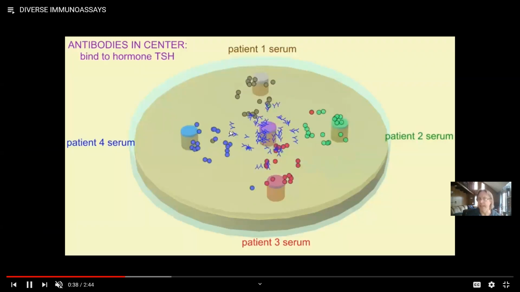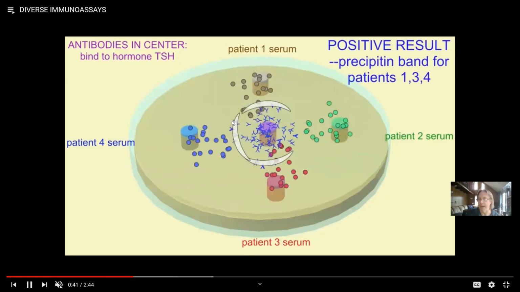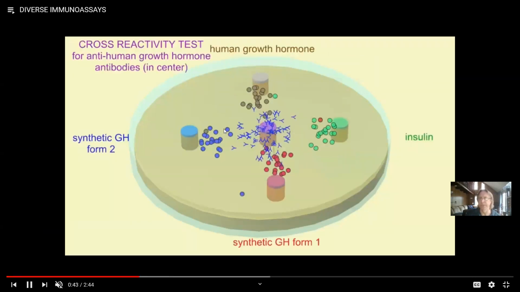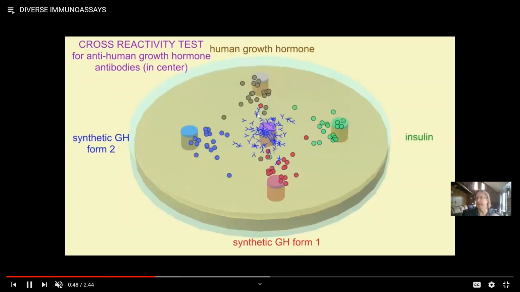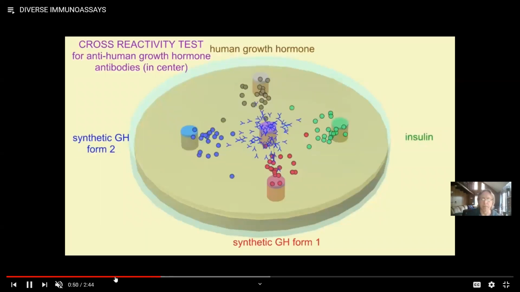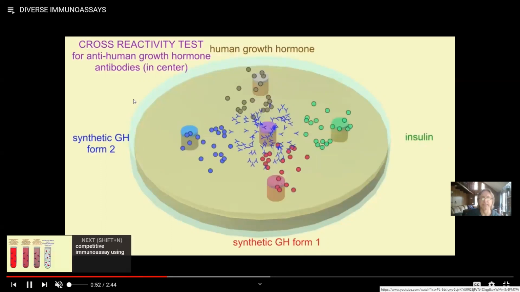So if antibody can stick to the matching molecule, in what's known as the precipitin test, you can actually see it. So patient number 1 is making this thing that the antibodies bind to, but patient number 2 is not.